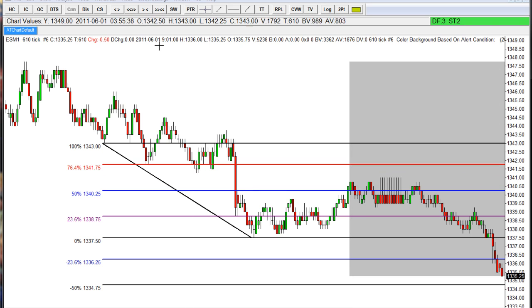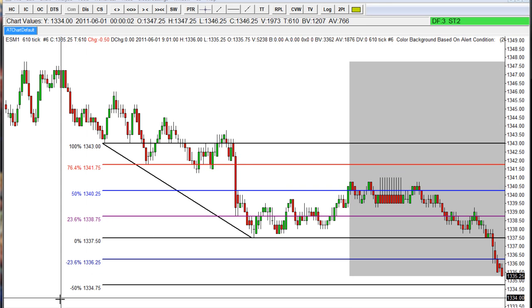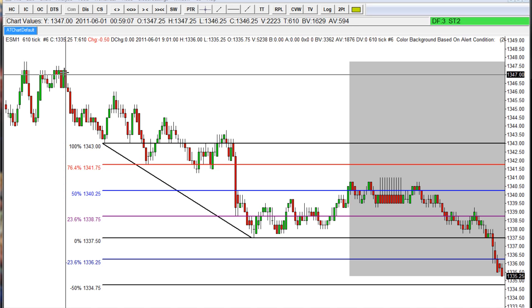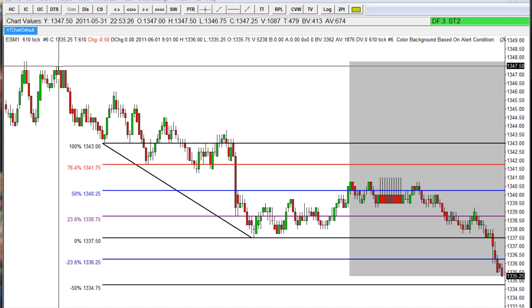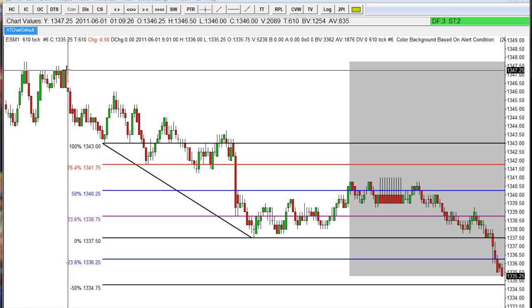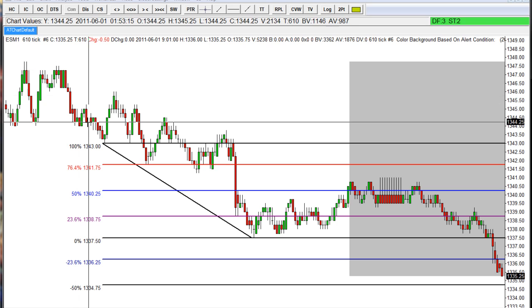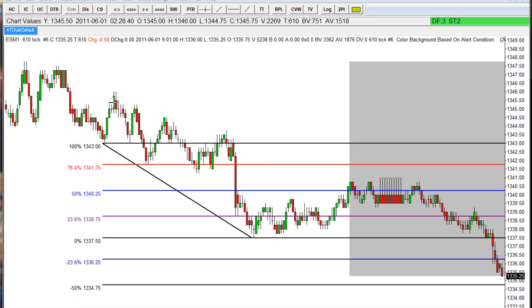I first analyze what happened in pre-market hours just for this day. That's why I measured from here and not from this high or from this high. Just what happened on June the 1st, the high to the pivot low, and start measuring the fibs. Okay, so this would have been my first trade of the day, or this actually was my first trade of the day.